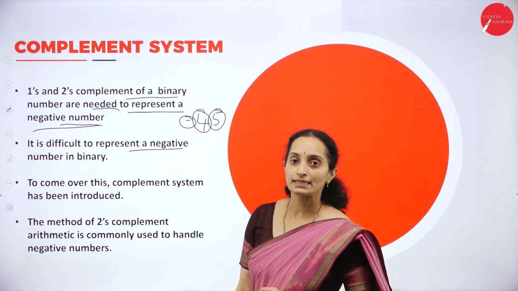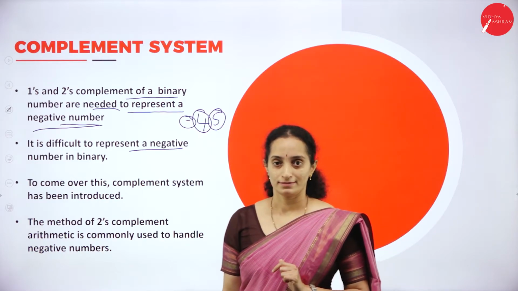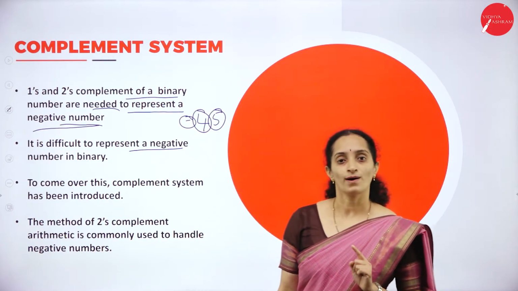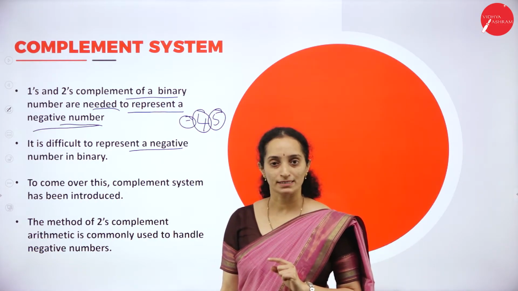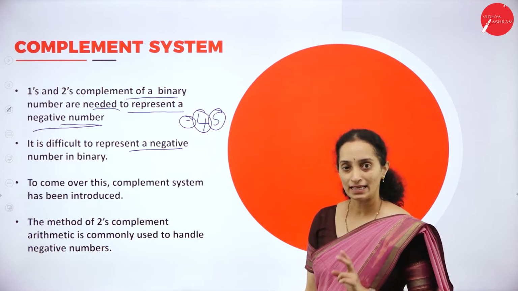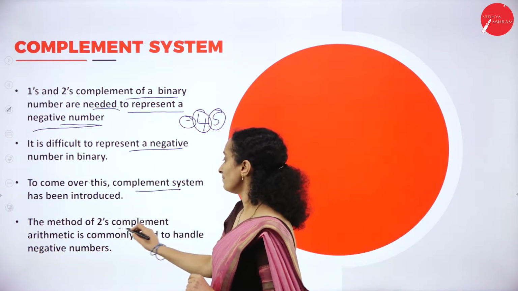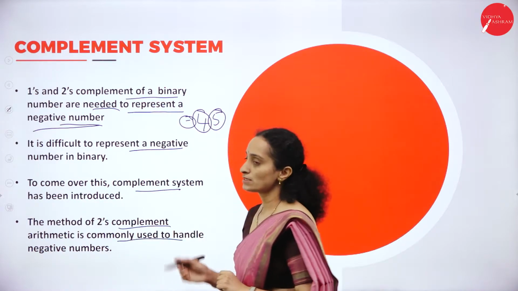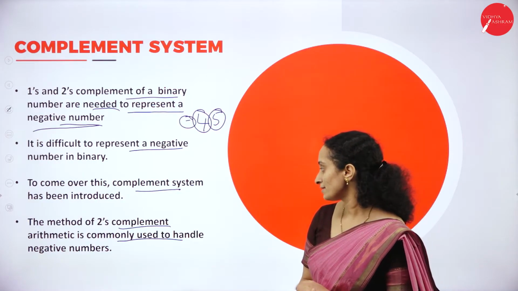For representing a negative number in binary, the digital electronics or the digital system uses a complement representation of the binary numbers. So, the complement system is used for the representation of negative numbers.